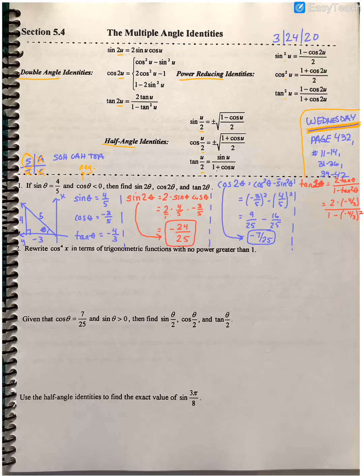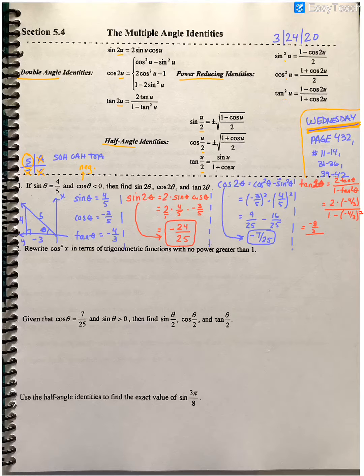And from here, of course, it is simplification. 2 times negative 4/3 is going to be negative 8/3 divided by 1 minus 16/9. So if I do 1 minus 16/9, 1 in terms of ninths is going to be 9/9.